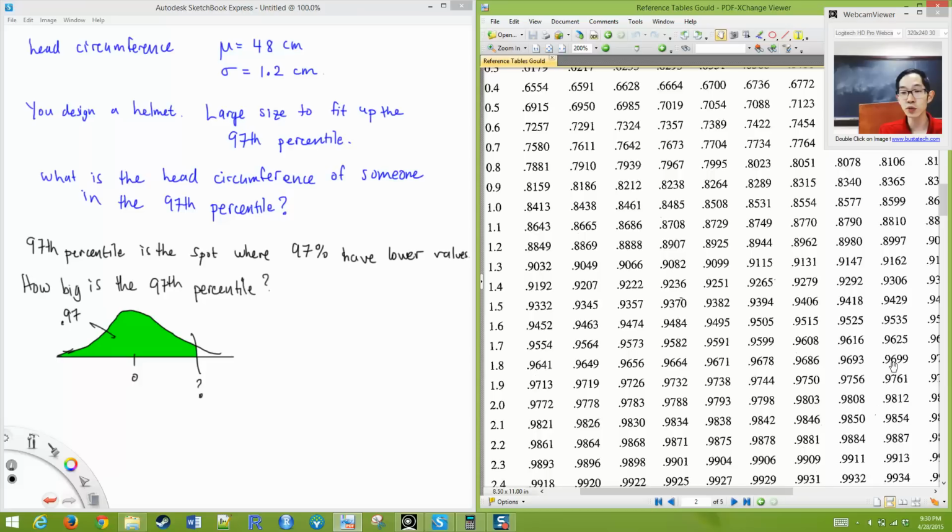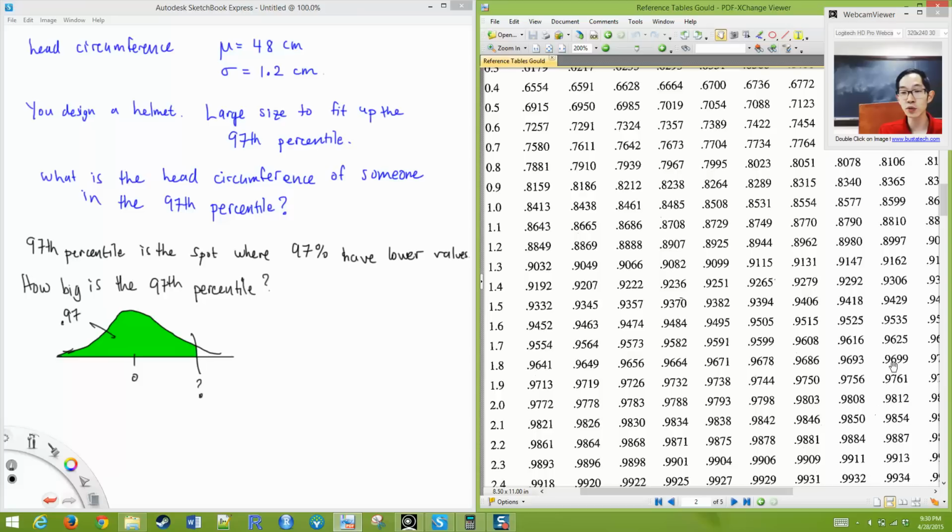Okay, so the z that corresponds to 0.9699, so z equal to 1.88 gives the area 0.9699. Is that okay?